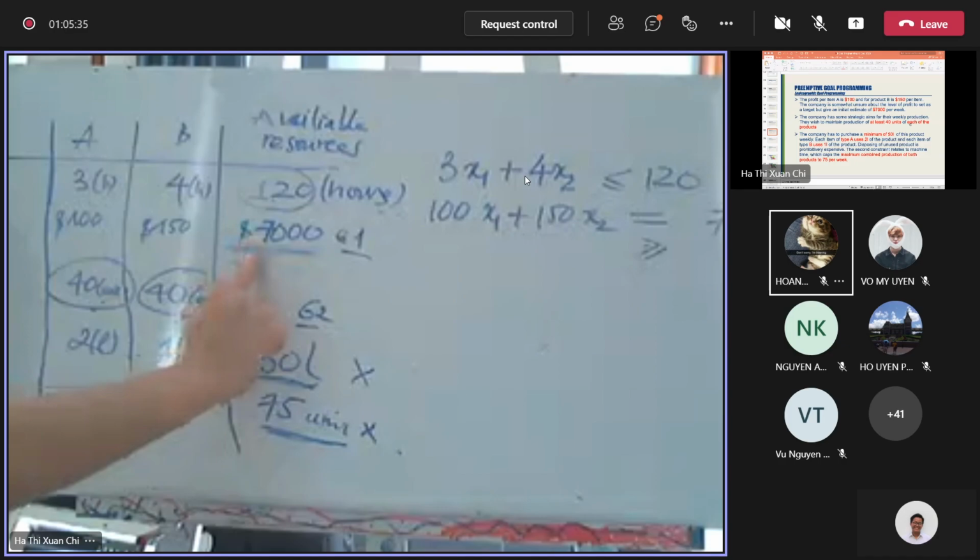So right now we draw that. First of all, we draw the feasible region.